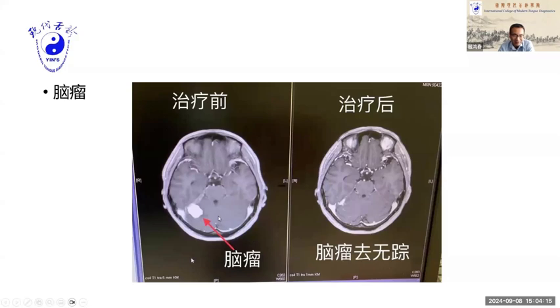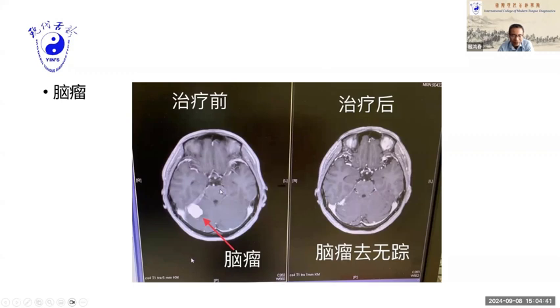This is another patient with a brain tumor. From this MRI picture, we can see a big tumor in the left back side and the right back side. After 2 years of treatment, herbal tea and acupuncture, the brain tumor has gone.